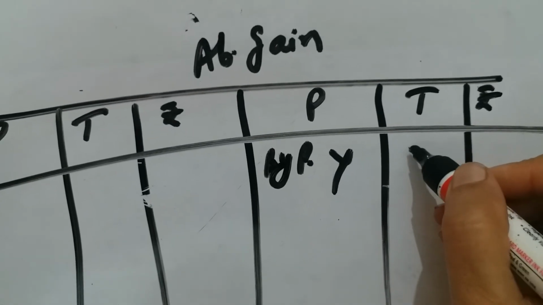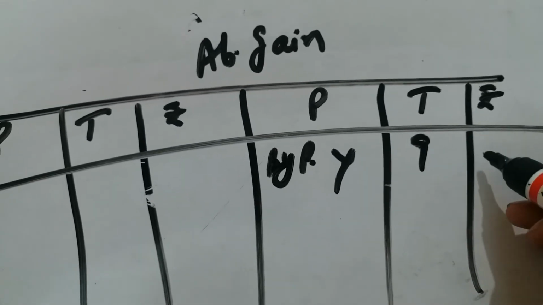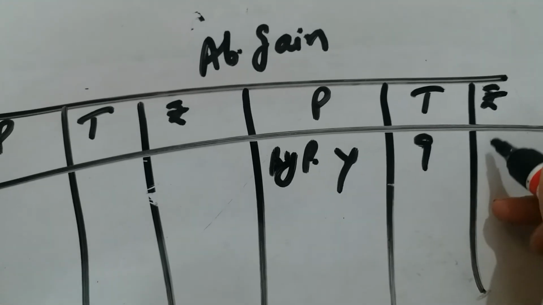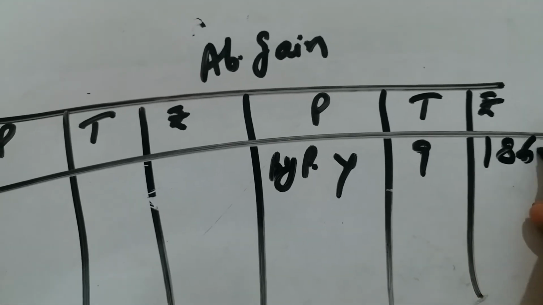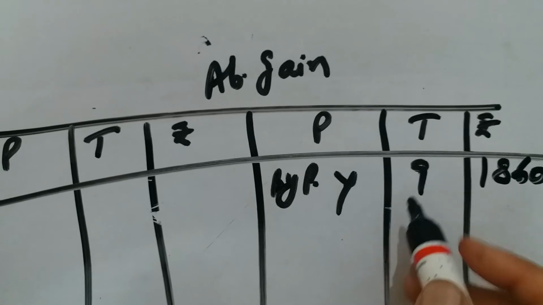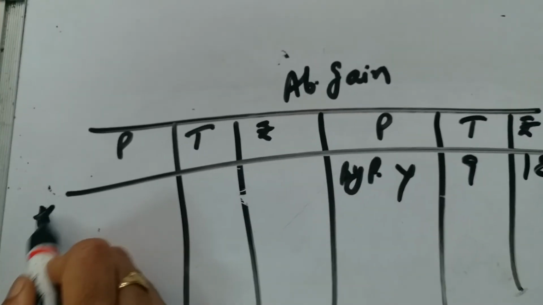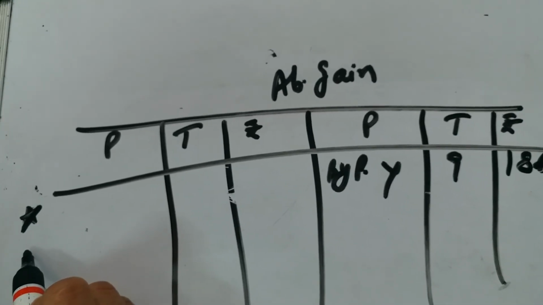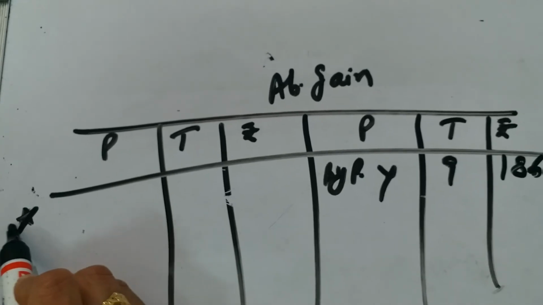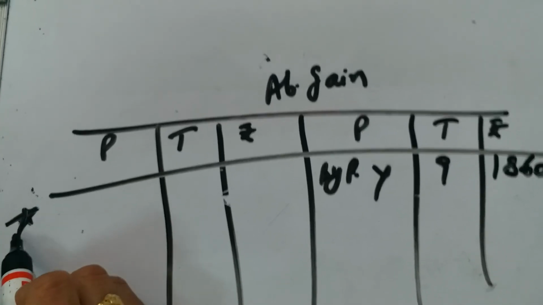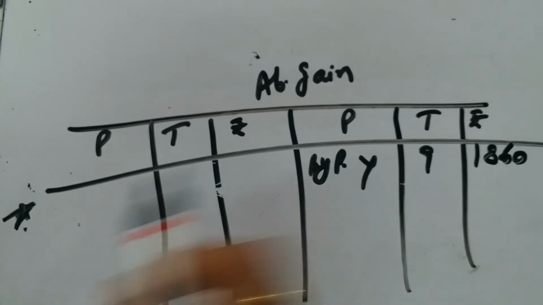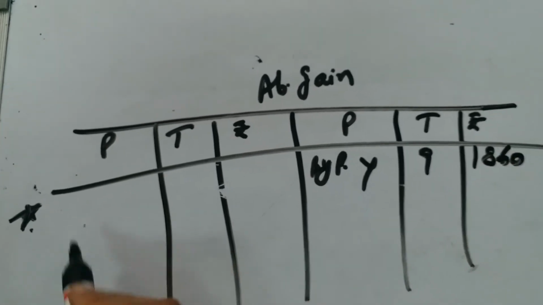So how many tons were there? Just 9 tons were there, and the value was 1860. You remember the star part? I purposely wrote the star on this side in abnormal gain, and that is again a reinforcement only. Don't put a star in the exam sheet.